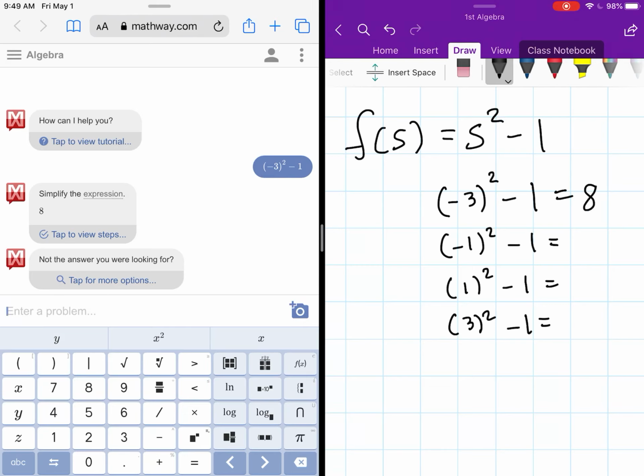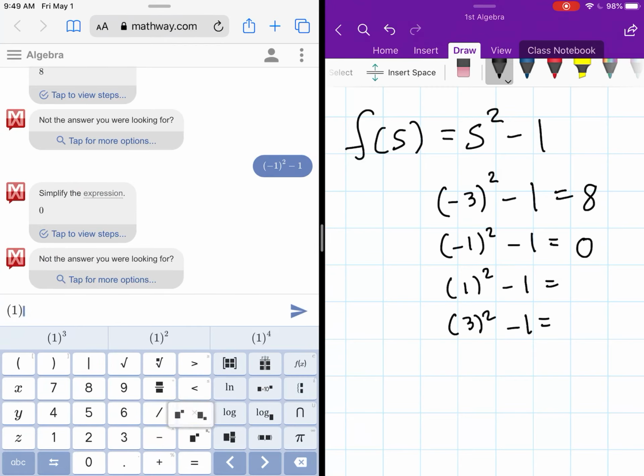So this first one is going to be 8. Okay, then I type in the next one, so negative 1 squared minus 1. So then for this one it's going to be 0. And then again 1 squared minus 1. Be careful not to do that.